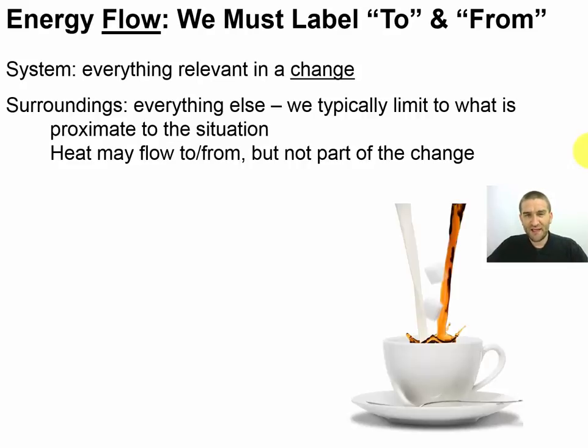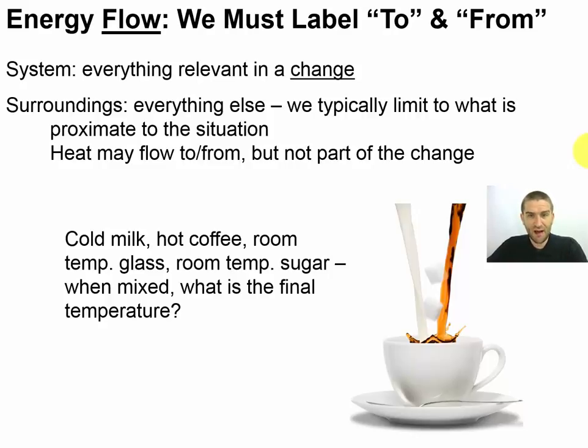Now, let's go for an example here just to show some of what we're talking about. Suppose that we've got this scenario. We're going to mix cold milk, hot coffee, and a room temperature glass and some room temperature sugar. When we mix, what is going to be our final temperature? Well, we know from everyday experience that the coffee is substantially hotter than the room temperature air and the room temperature sugar and the room temperature cup.